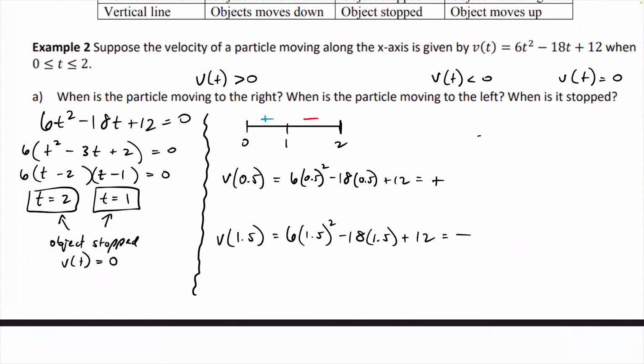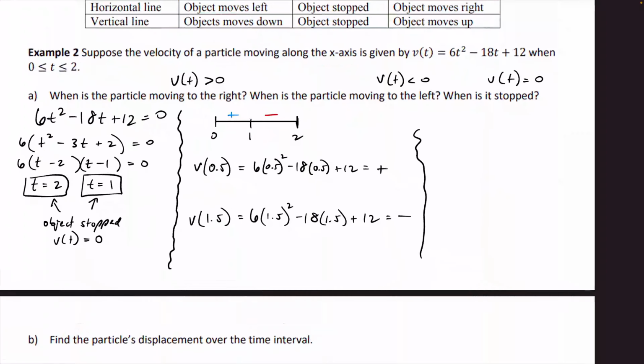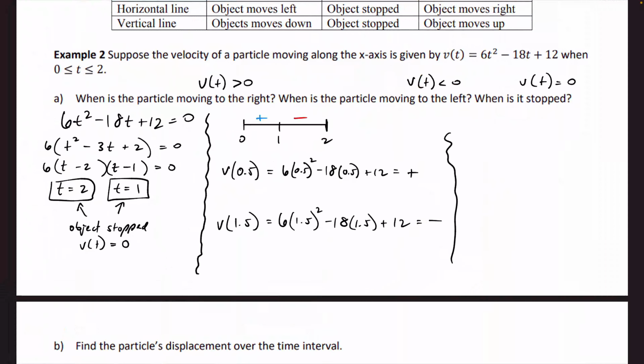So what does that tell us? That tells us that v of t was positive from 0 to 1, means it moves right. So the object moved right from 0 to 1.